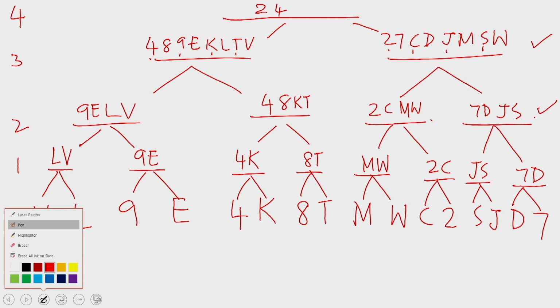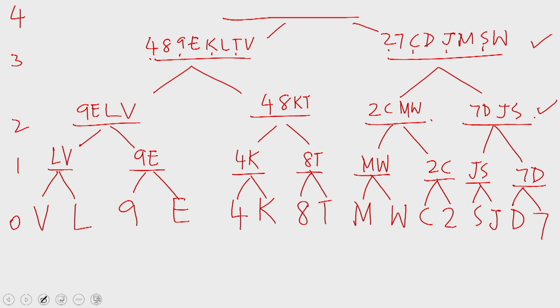Therefore, there will be no data moving from the fourth level to the fifth level yet, but the caches will now be replaced with the sorted order of these elements: 2, 4, 7, 8, 9, C, D, E, J, K, L, M, S, T, V, W. So this node has collected these, we will be picking only the marked elements. This will happen later.